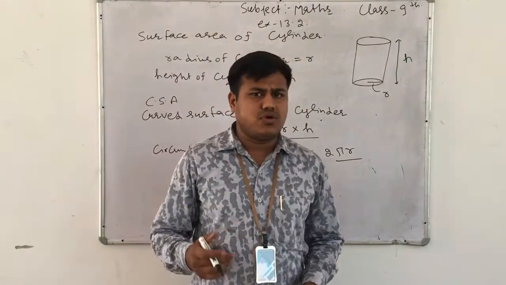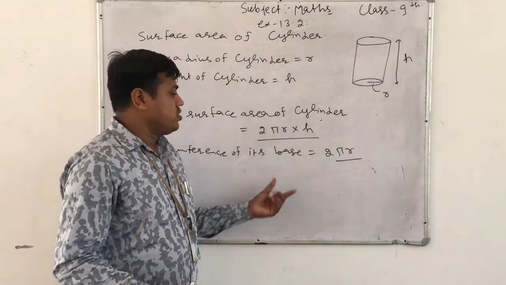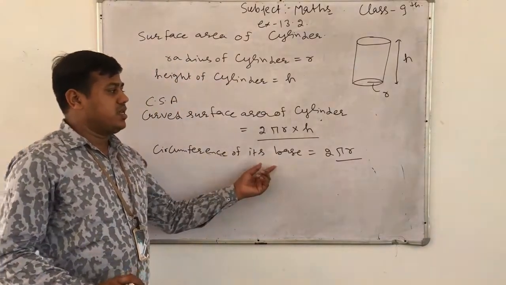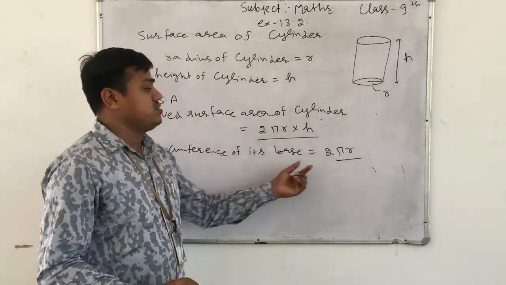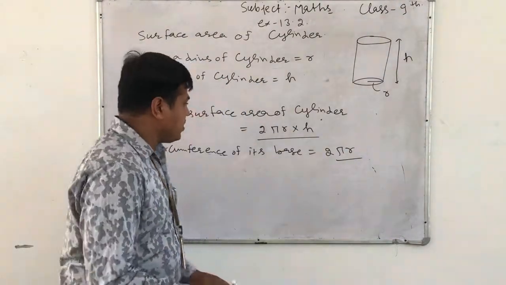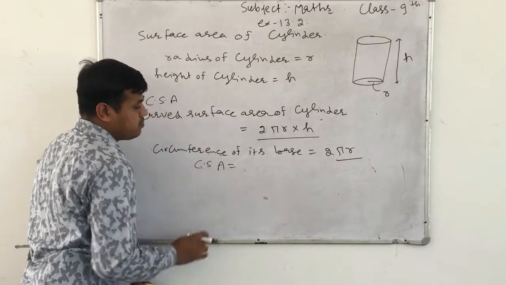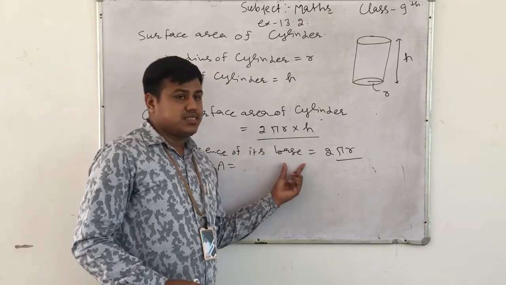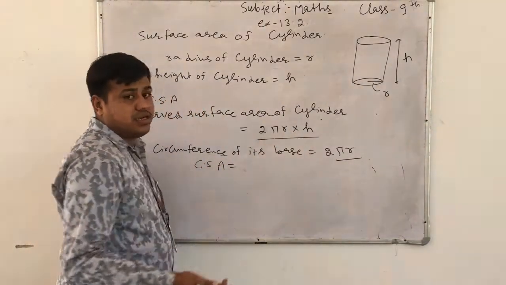In 7th standard we also discussed that the circumference of a circle is 2 pi r. So the curved surface area is 2 pi r, the circumference of the base, multiplied with h.